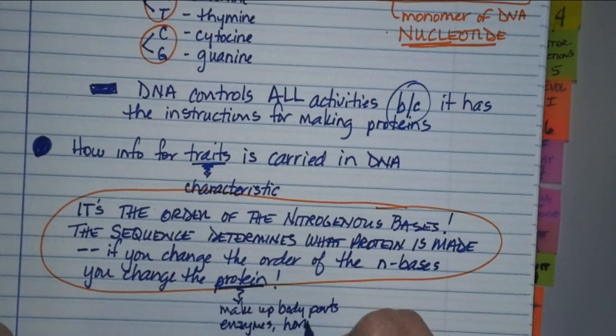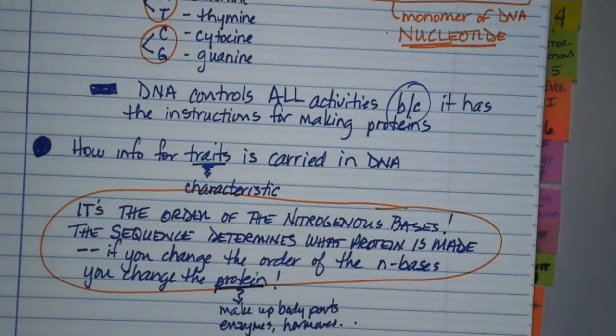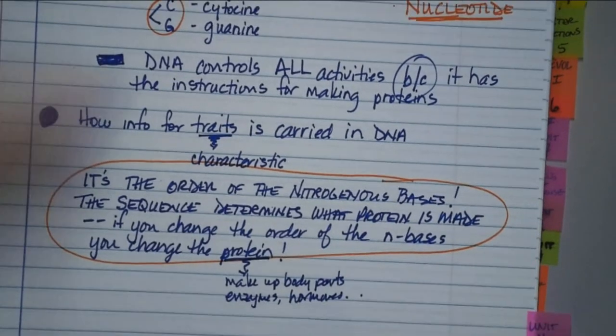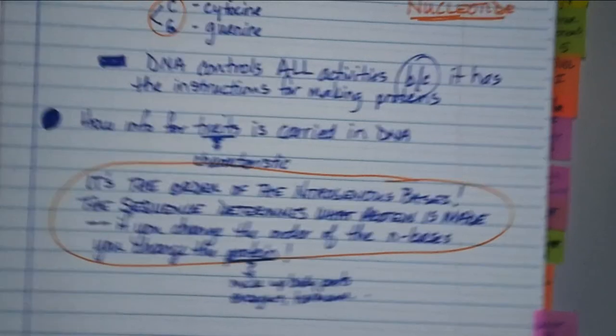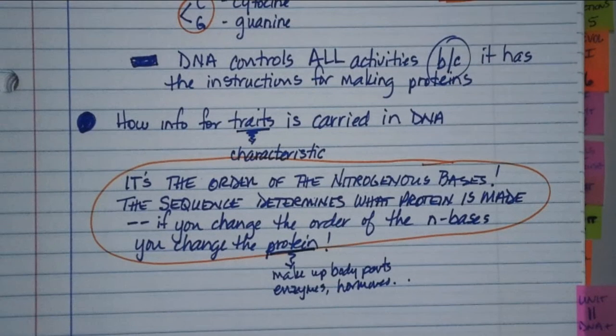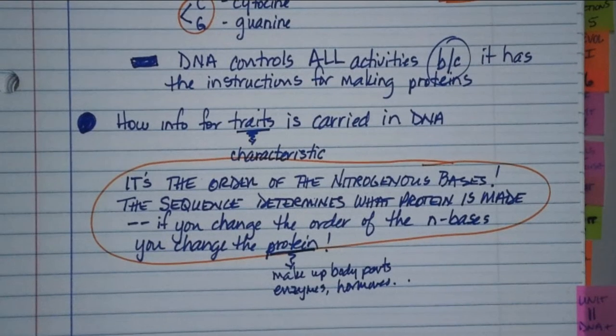The last thing I'm going to have you write down is called the central dogma of biology. Dogma means this basic premise that everything is built on. If you decide to go into biology, it's one of those things where everything goes from there. 1 gene, 1 protein. So what does that mean?